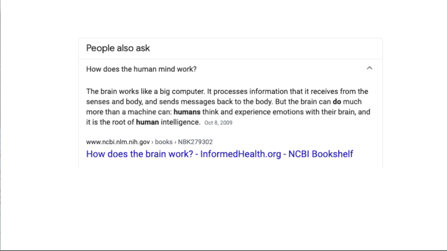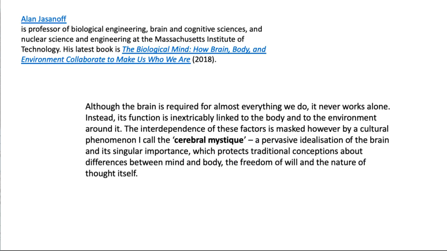So not only are we using metaphors like motherboard to understand technology, we're using the computer as a metaphor for understanding us as human beings. There's an article by a man who works on the biology of mind, and he says, really, the brain doesn't work alone.